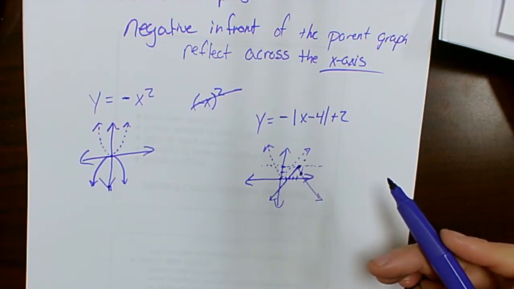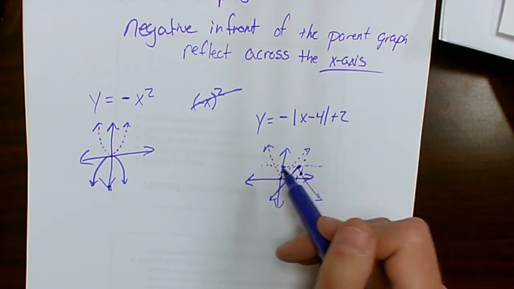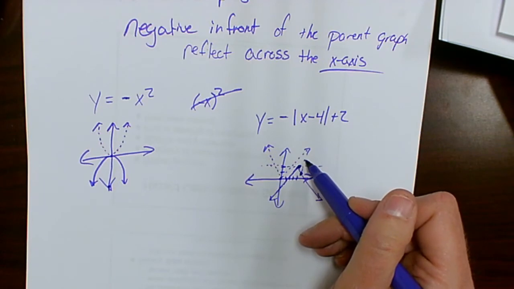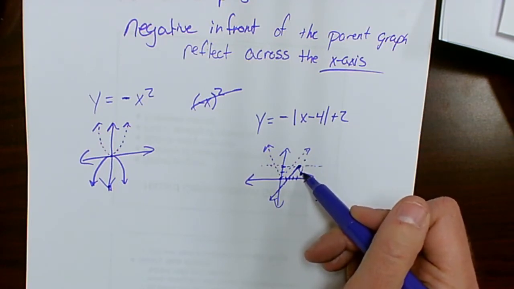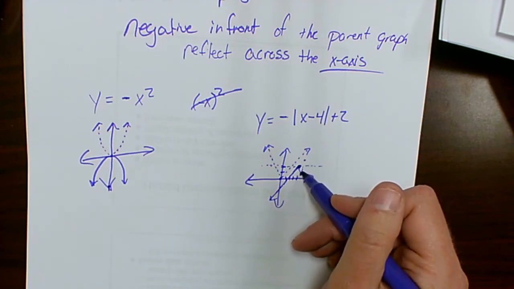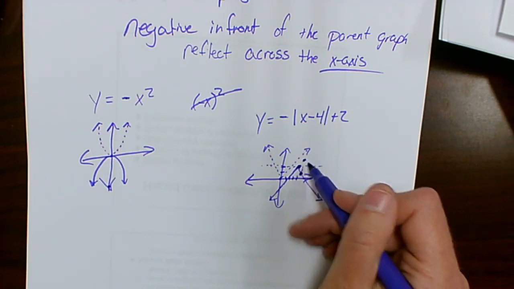Okay, so that one's a little trickier. We can't just negate the y, because this might be a positive 4 where it moved down to a 2, or a 3 and a 1, let's say. There we go. This dot is at y equals 3.